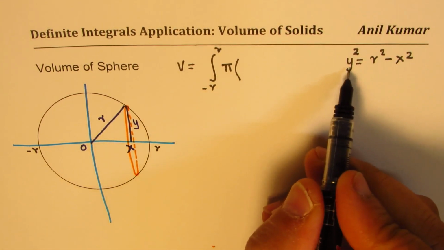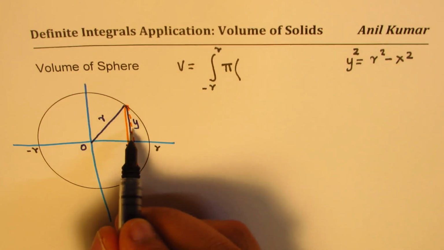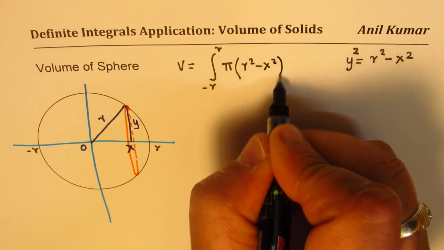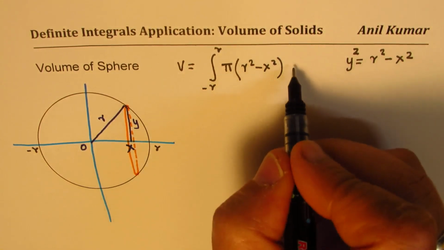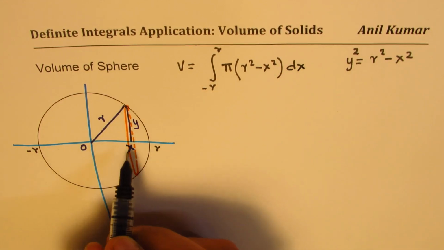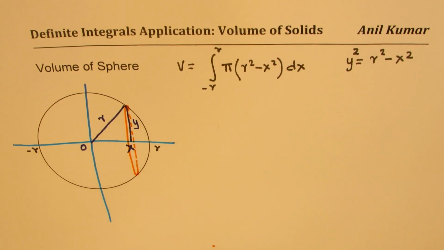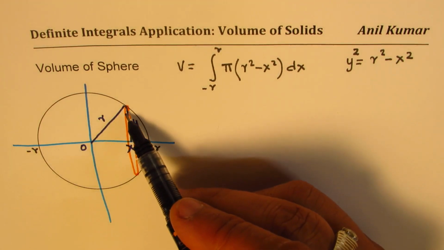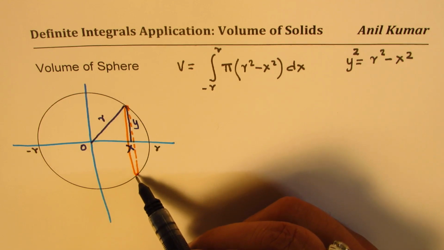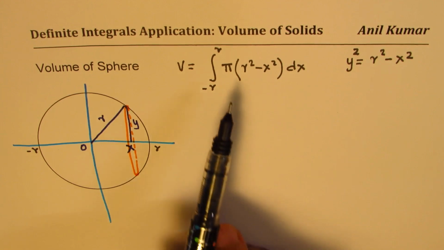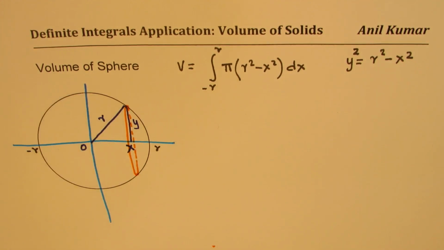So we replaced this y squared with r squared minus x squared, and delta x is a small increment. Multiplying with delta x gives the volume of each disk. You can think of a cylinder with circular area pi y squared and a width of delta x. So this integral gives us the volume of the sphere.